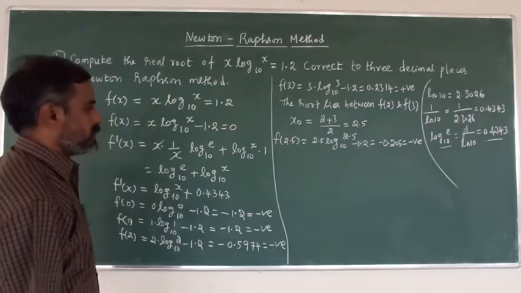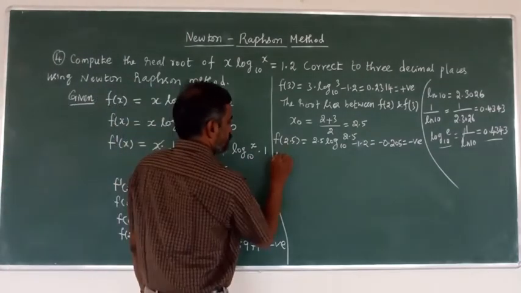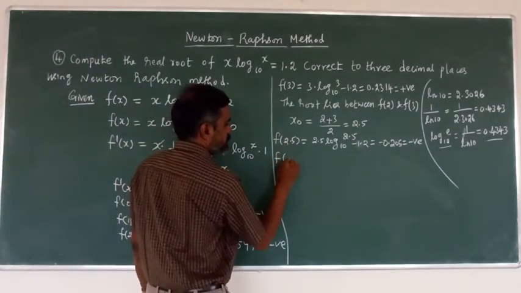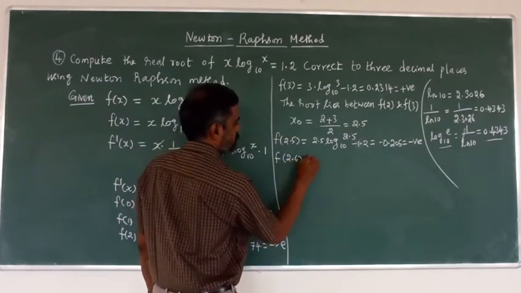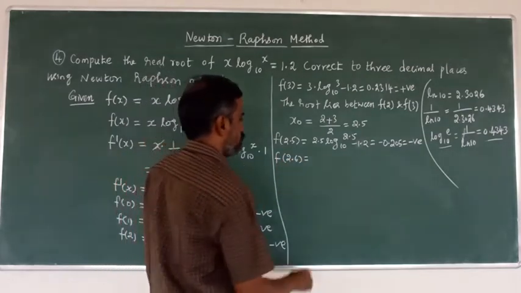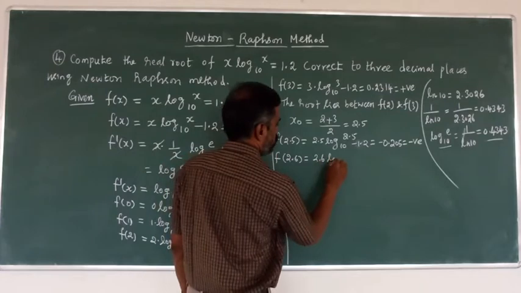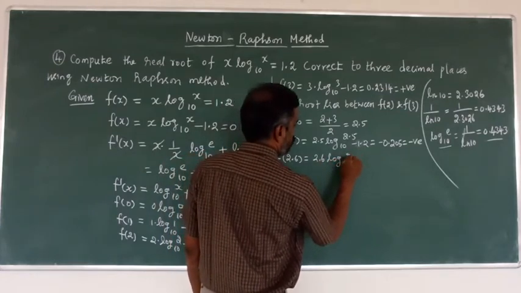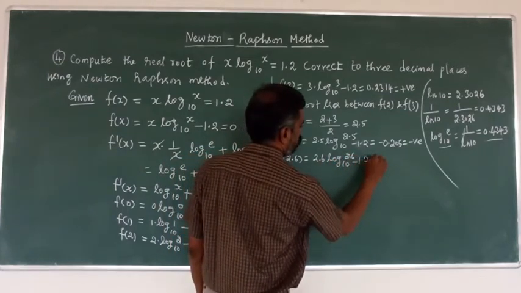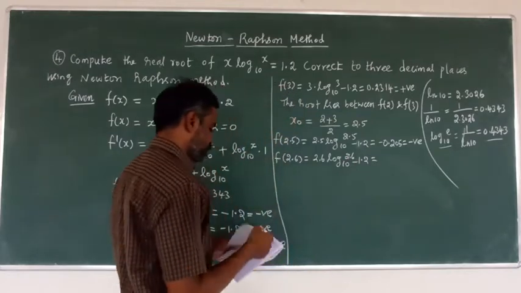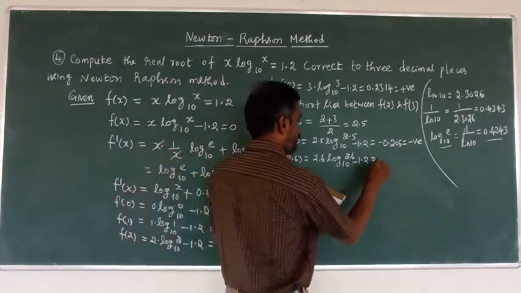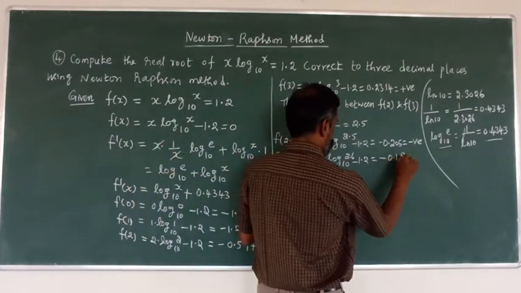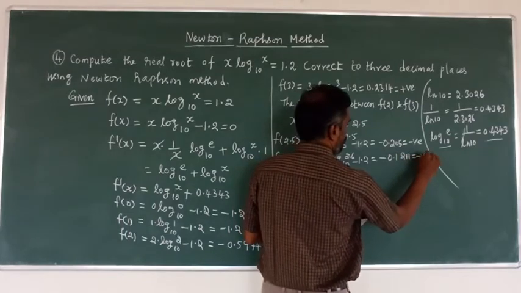Now next, increase to 2.6. Now 2.6 log₁₀ 2.6 minus 1.2 equals minus 0.1211, negative.